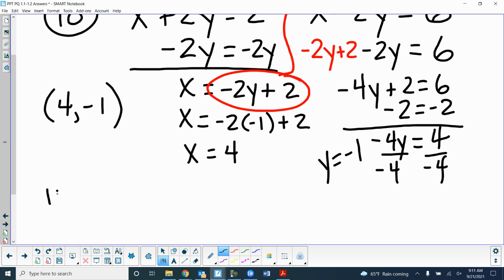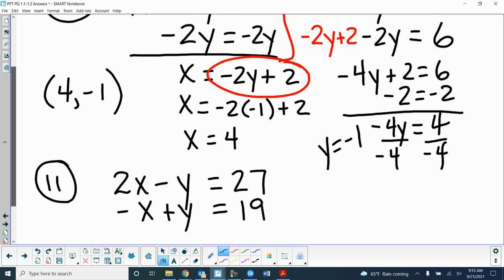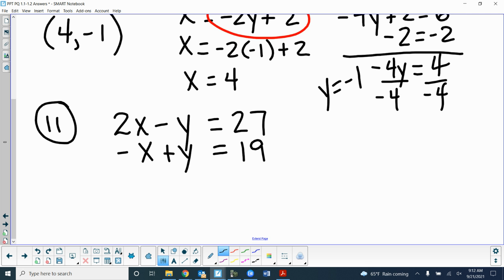Number 11. This was elimination. I like to keep them lined up when I do elimination because I'm going to add or subtract the two equations. Now, when I do elimination, you have to look for the same coefficient in front of the x's or the y's.